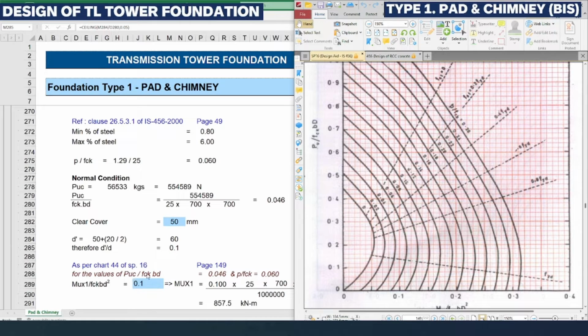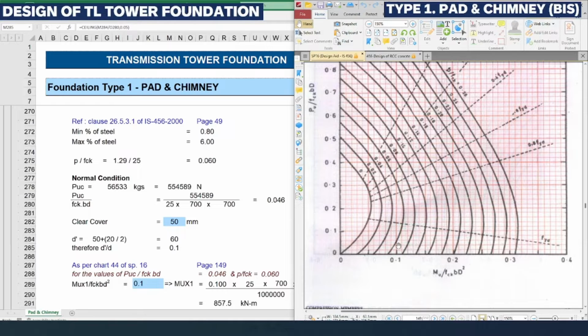Pu by fck bD is 0.046, so that will lie in between here, and this value 0.06, which is coming from this curve, lies exactly on 0.1.